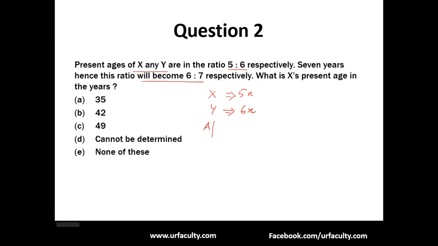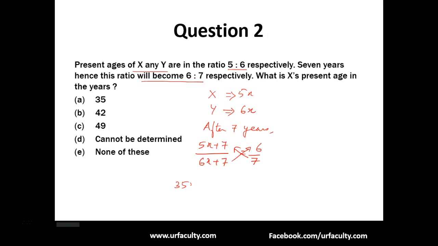So after 7 years, what will it be? 5x plus 7. And what will be y's age? 6x plus 7. And what are they saying? The ratio is equal to 6:7. What do we need to do? We just need to cross multiply now and we'll get the answer.